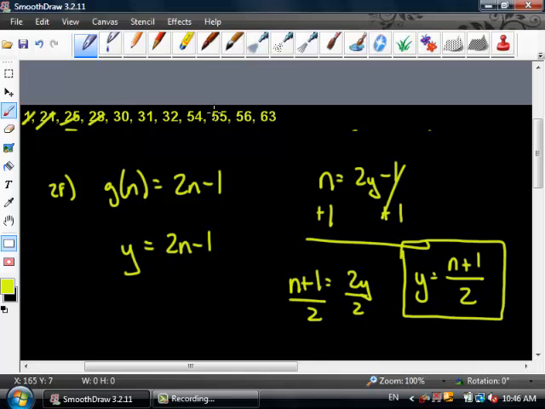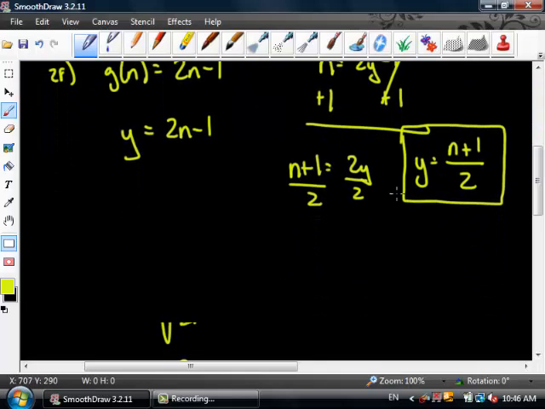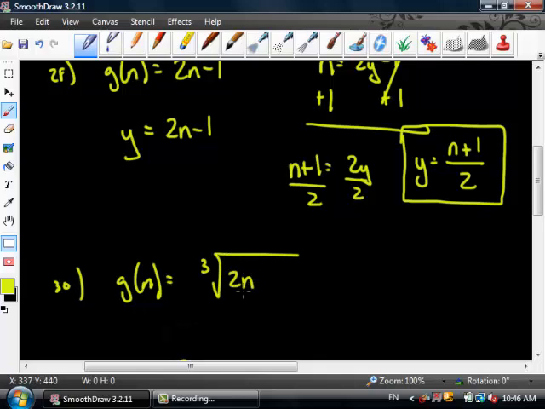Okay, number 30. Same type of problem here. So g of n equals the cube root of n minus 2, minus 1.